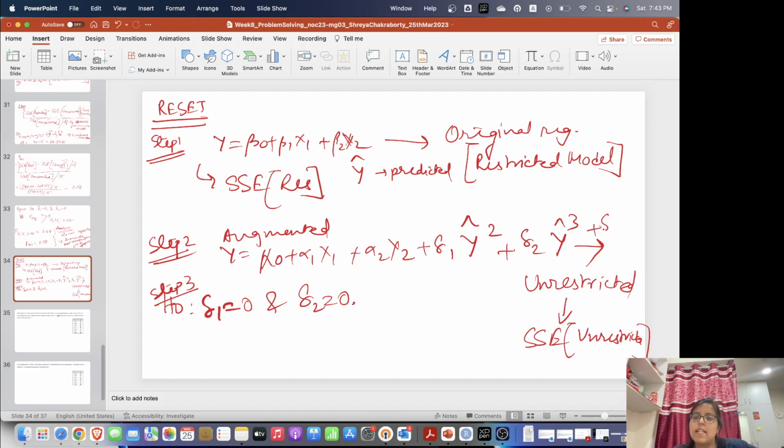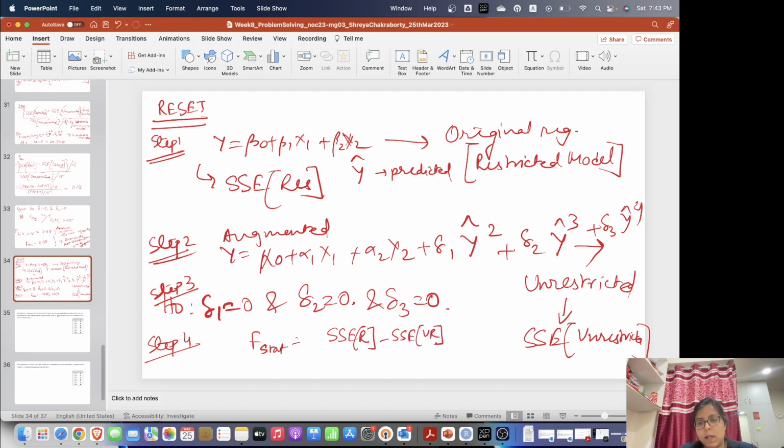We could also even add some other term, delta 3y to the power 4. Then our H0 would be delta 3 equal to 0. And then step 4 would be to get the F statistic, that is (SSE restricted minus SSE unrestricted) by number of restrictions, divided by SSE unrestricted by degrees of freedom of SSE unrestricted.